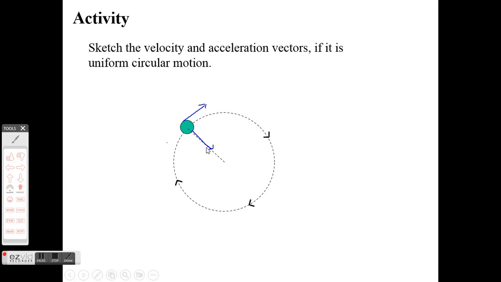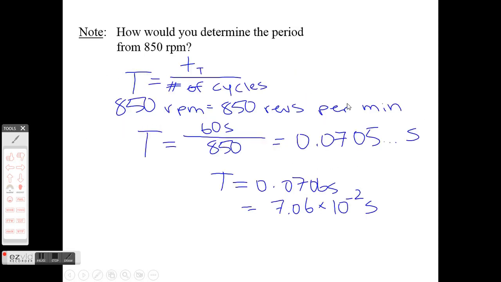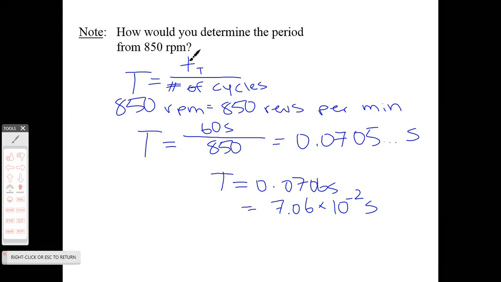Okay, this is just a little bit of a goofy, weird bit here, but what if you're given revolutions per minute? Let's say you have 850 RPM. What does this mean? Well, remember the period is equal to the time divided by the number of cycles.